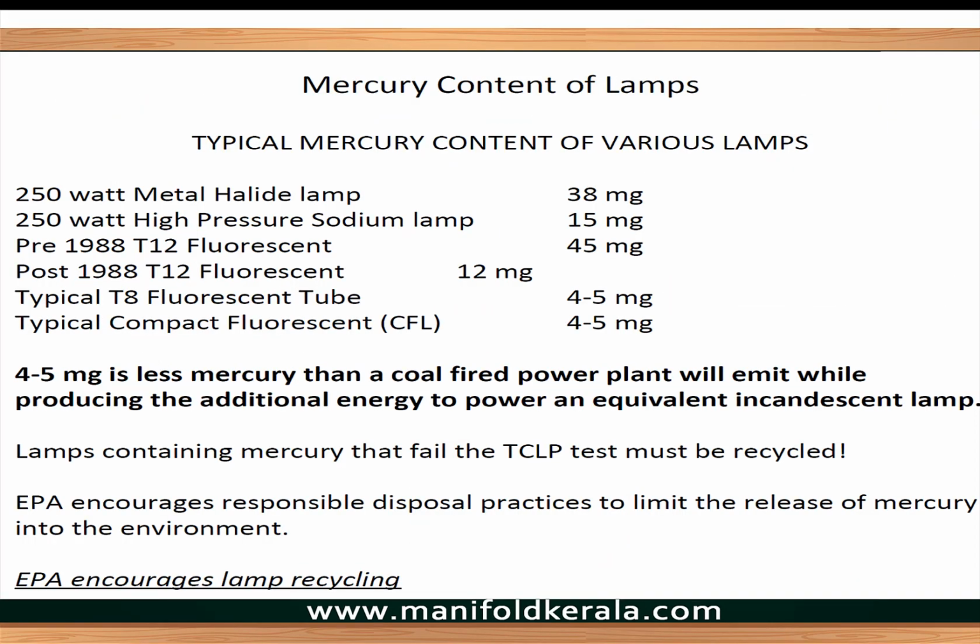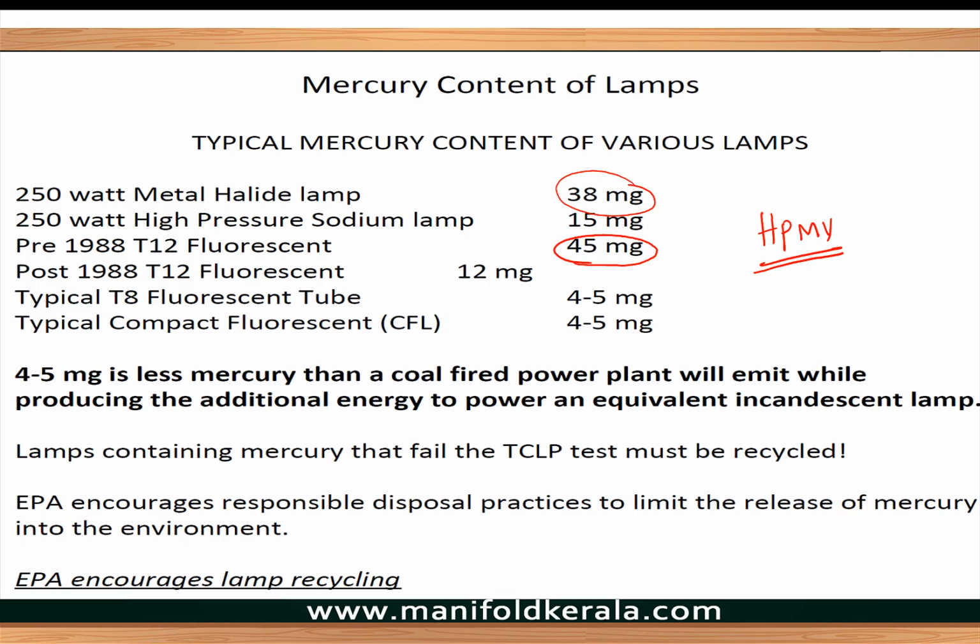Understand? So different mercury content of different lamps is given here. You can see that the T12 fluorescent lamps contain 45 mg of mercury. Metal halide contains 38 mg. Actually, mercury vapor contains a high amount. That's why they are becoming outdated or obsolete. So nowadays they are not recommending us to use the HPMV lamps.